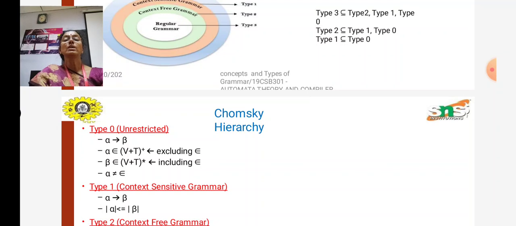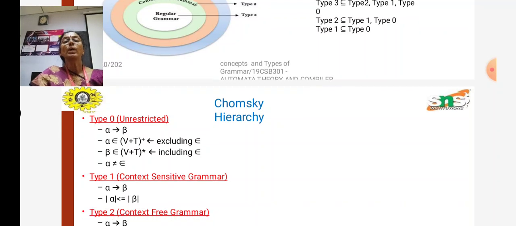So the left hand side does not contain epsilon, but it should contain one or more occurrences of V or T. Beta means V plus T, the Kleene closure, that means including epsilon. So on the right hand side we have epsilon along with 0 or more occurrences of non-terminals and terminals. Alpha should not contain epsilon. This is the rule for type 0.